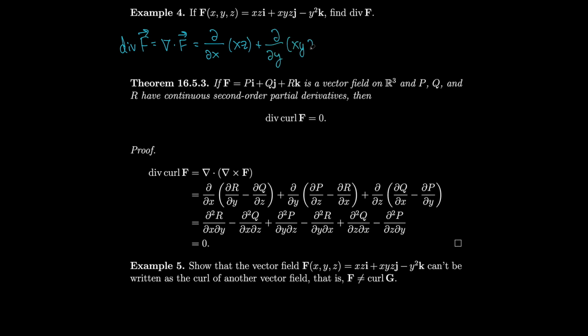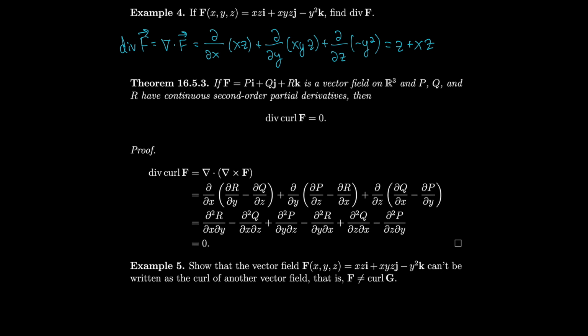So that's xyz. And we'll add that to the partial of the last component. So really, you're just taking each of the partials and adding them together. And you end up with z plus xz, because you get z for this one, xz for this one, and notice this is just going to be 0 with respect to z.